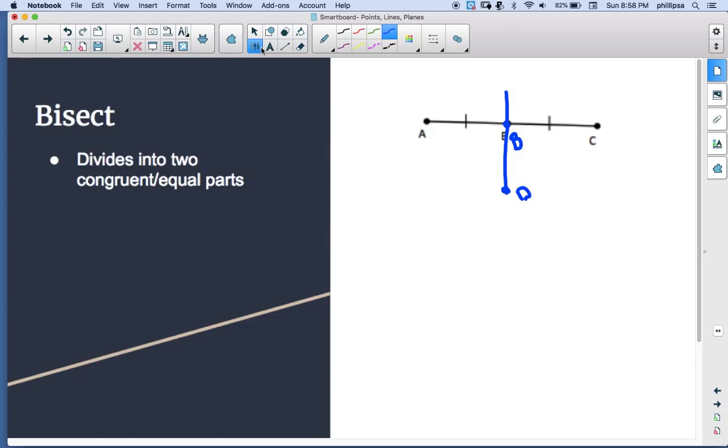Not that things have to be drawn to scale, but I'll make it look kind of the same. If I was to give you these markings, I now know that both AC and ED are bisecting each other. I know that AC and ED are bisecting each other because I see that clearly both are being divided into two congruent parts.